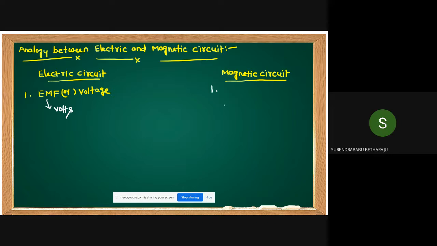What about in a magnetic circuit, students? Corresponding to that, what can you define in a magnetic circuit? MMF, magnetomotive force. What is the MMF? Number of turns times current. What are the units of MMF? Ampere turns. Next.